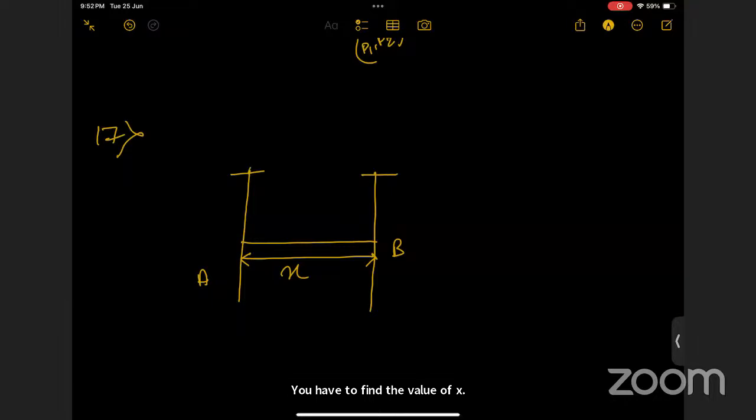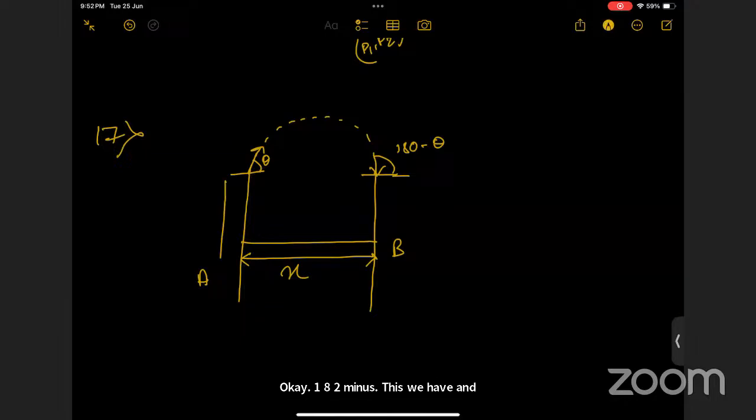We have this direction. This angle is theta. This angle is 180 minus theta. This we have. And the height of the house A is 10 feet. It is given, right? Yes, ma'am. So there is no detail about the house B, right?